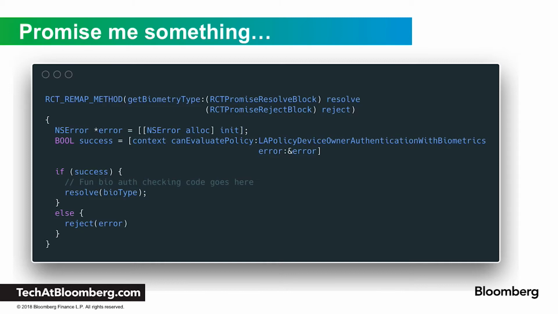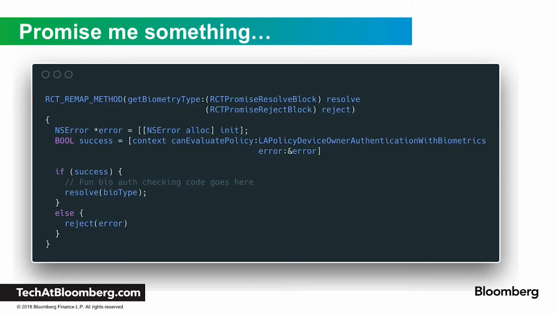And if it's successful, we're going to do some fun bio-auth checking, Objective-C or Swift type thing there. And essentially, at the end of that, we'll just resolve with the actual authentication method. And if it's not successful, we want to reject it and handle it in our JavaScript code. So that's what you can do there.